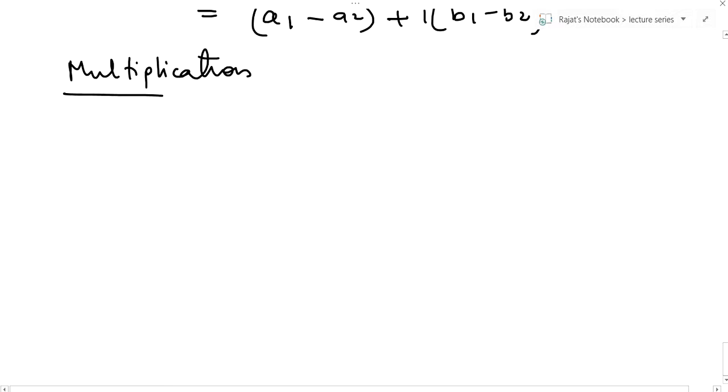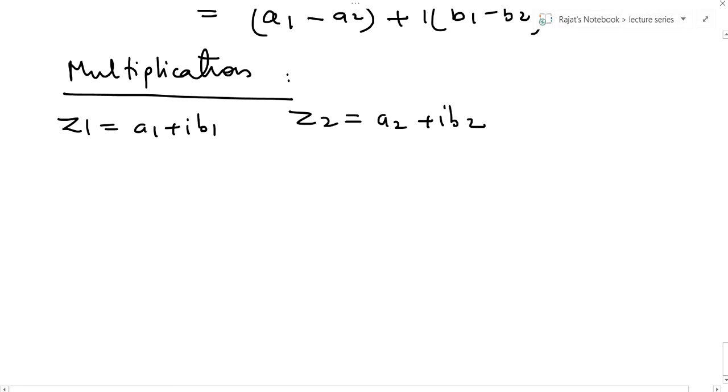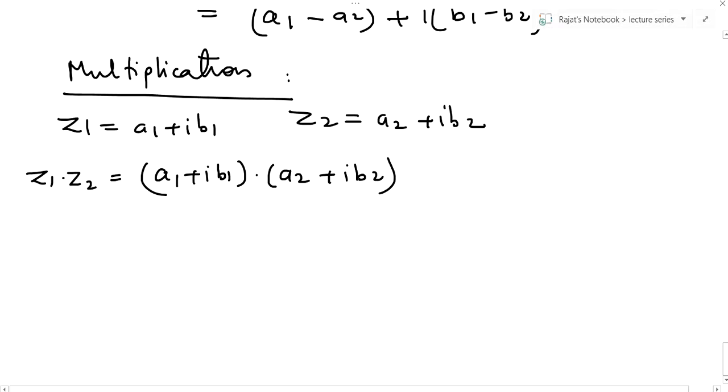Multiplication is also easy. Suppose z1 is equal to a1 plus ib1, z2 is equal to a2 plus ib2. Then z1 into z2 will be a1 plus ib1 into a2 plus ib2, and the normal way of multiplication will take place.